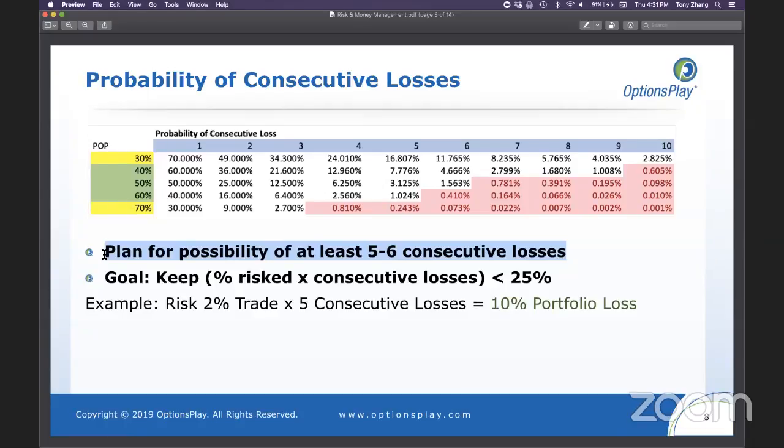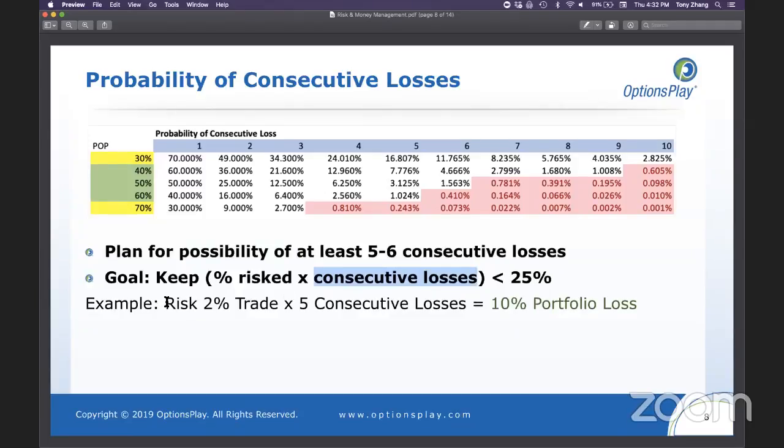That's not impossible. So what you really have to do is some basic arithmetic to understand how you can keep yourself from losing more than 25% of your account. And it's a simple math formula. The percentage that you're willing to risk per trade times the consecutive losses that you might want to plan for.